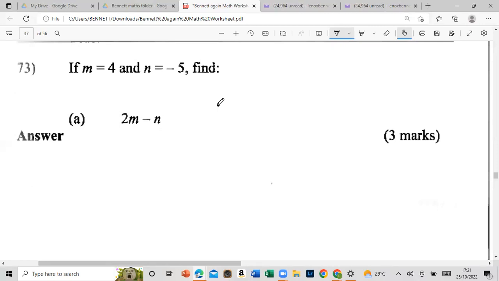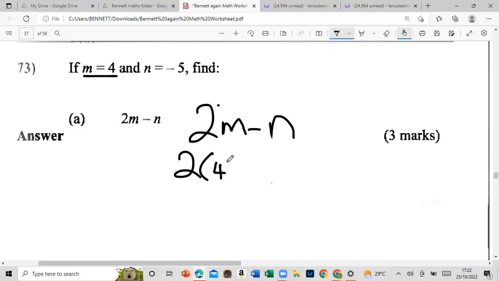Alright, so what I'm going to be doing now, guys, I'm going to allow you guys to complete this one. Alright, so it's 2m minus n. So that's 2m minus n. The value of m is 4, so that's 2 multiplied by 4, minus n, which is negative 5.